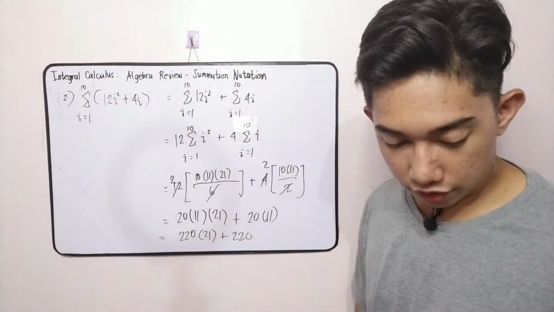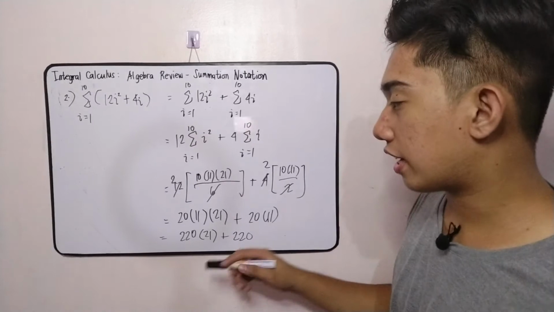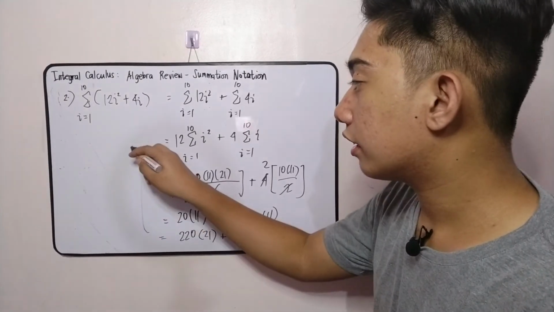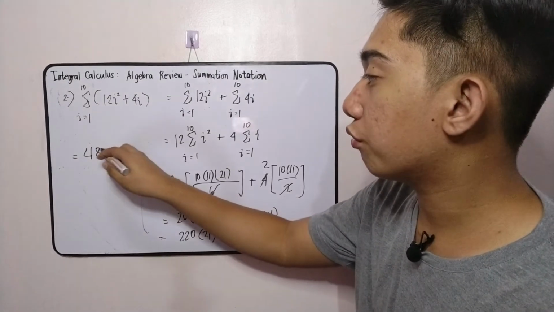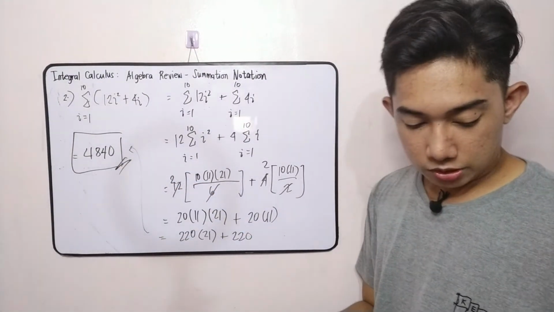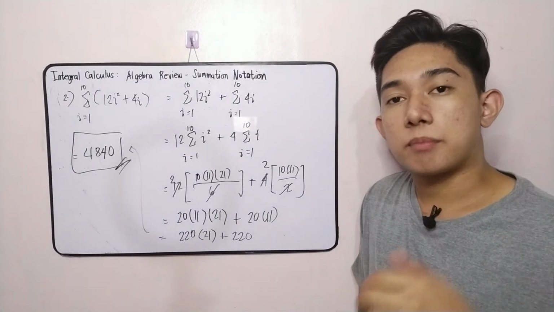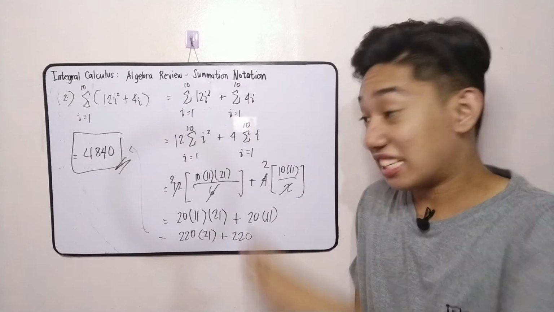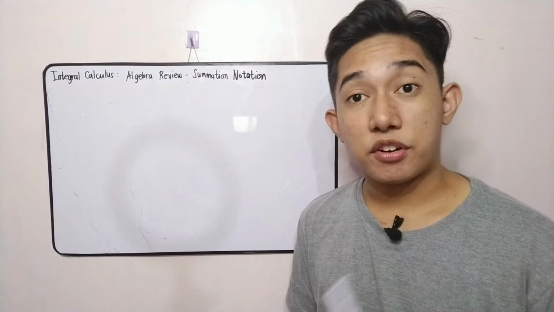Then if we further simplify that one, the correct answer here is 4,840. Okay? So that's all, guys. It's simple. Basic math, because we only need addition when we get to this point. Okay? Just basic.